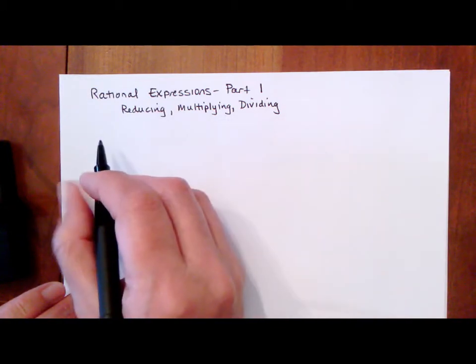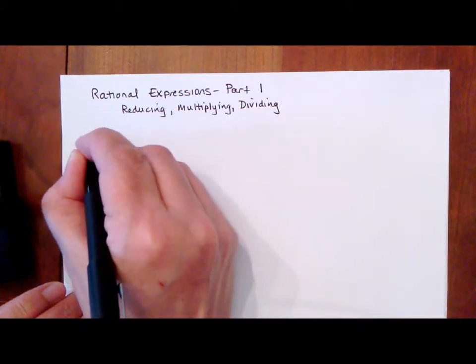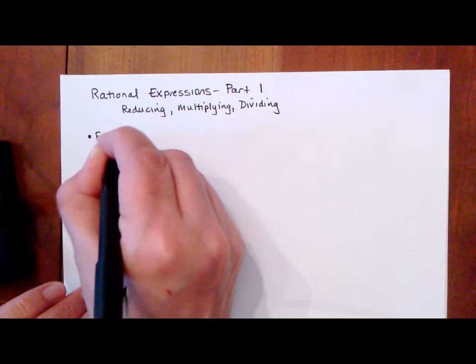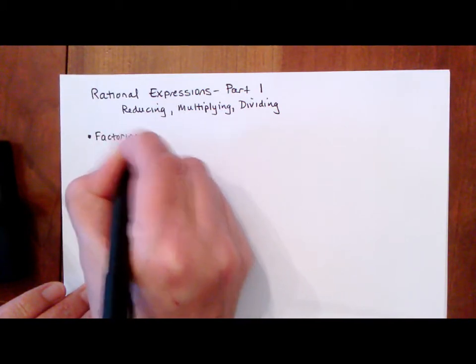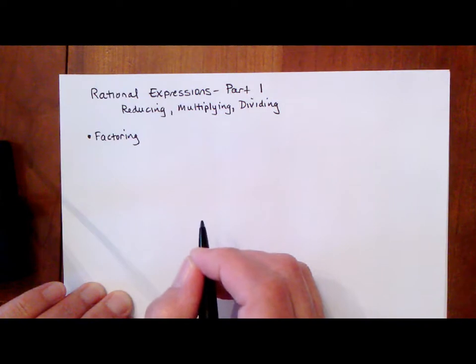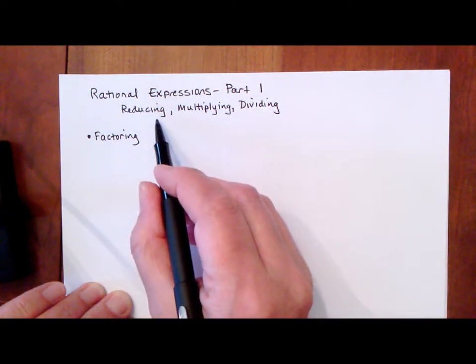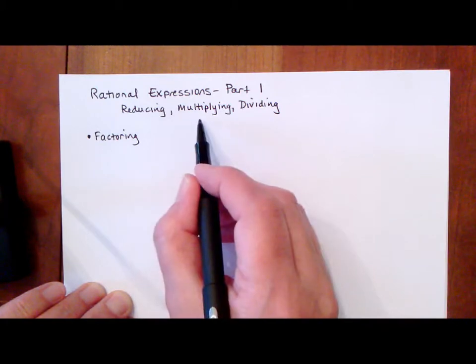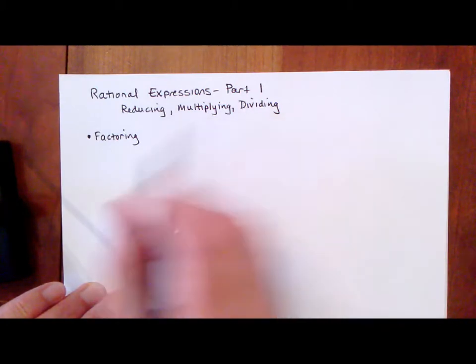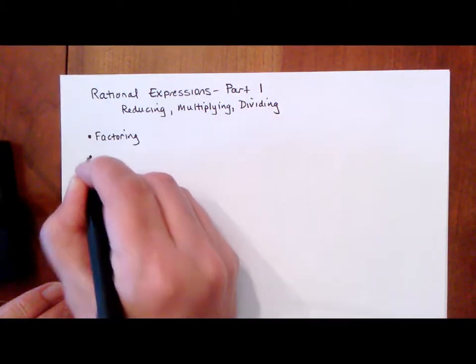Two preliminary remarks, though. First of all, I will assume that you're familiar with factoring because we are going to need to factor a lot of expressions in order to reduce our answers, and it will help make our multiplying and dividing much simpler. Second preliminary remark.